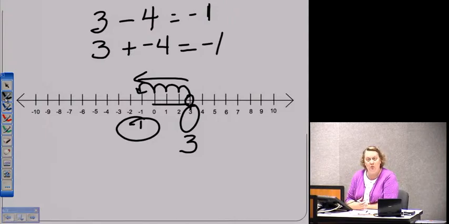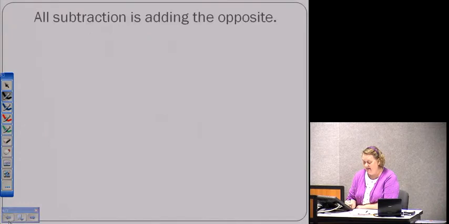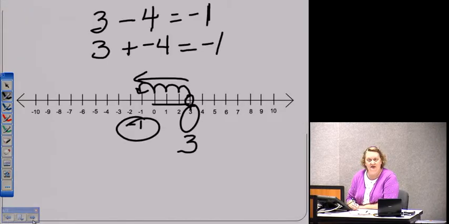Well, taking away 4 units is the same as adding a negative 4 units. And so that's why subtraction is the same as adding the opposite. Because as we look at this, 3 subtract 4 and 3 plus a negative 4 is really the same concept. So our rule for subtraction is really quite simple.